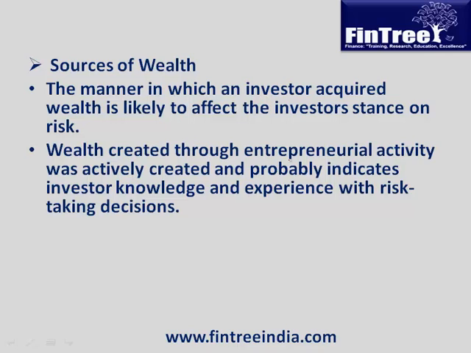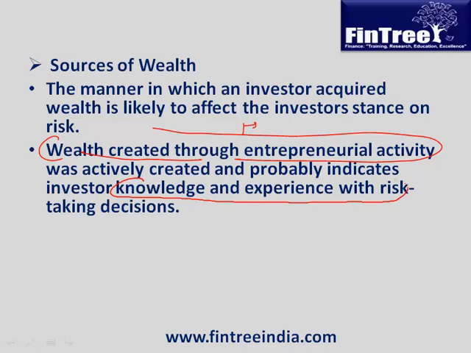Wealth created through entrepreneurial activity was actively created and indicates investor knowledge and experience with risk-taking decision. Right? So this is the first point that you would be writing today. Say wealth created through entrepreneurial activity indicates knowledge and experience with risk-taking decisions.